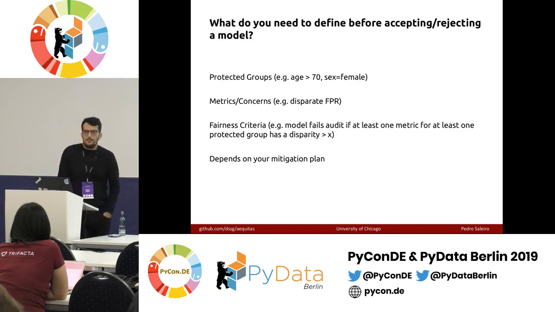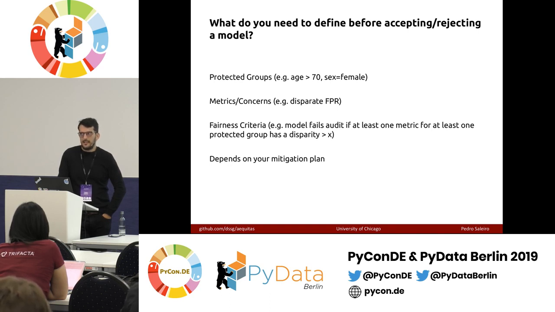So what do you need to define before accepting or rejecting a model to go to deployment? Assuming that your organization has evolved to really not accept a model to production if it doesn't meet fairness criteria. You need to define what groups you care about. In the legislation in the US, there is a definition of what is a protected group.